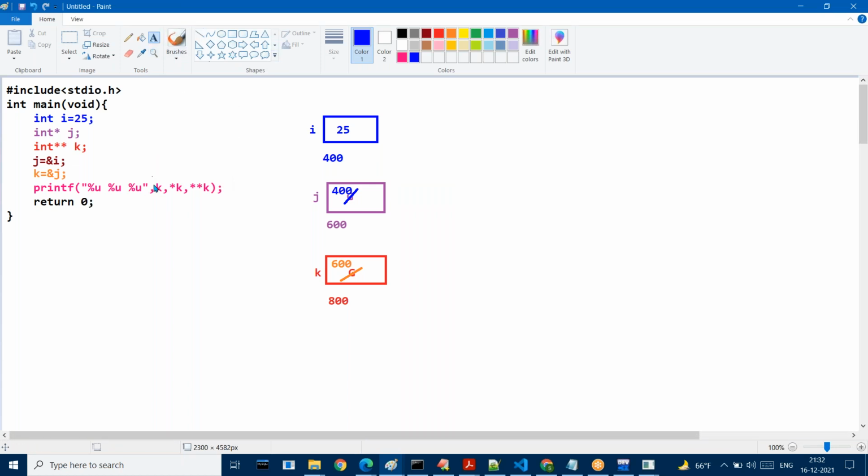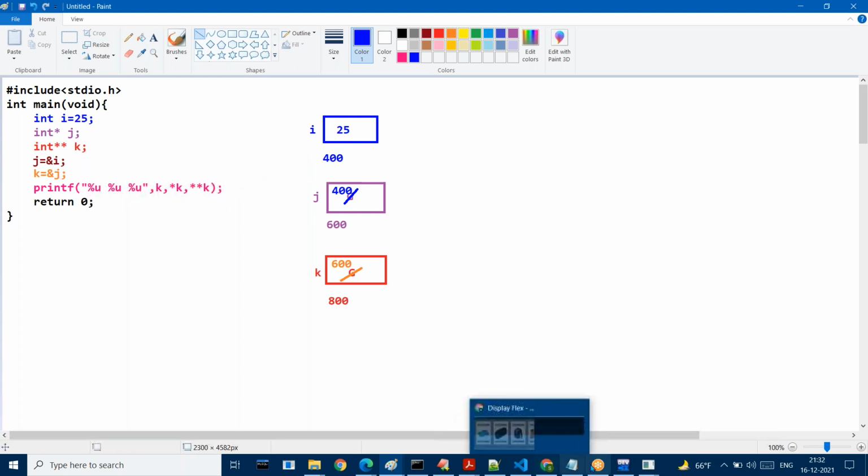See, observe. k means 600. 600 is a value or address? Address. **k means, sir, this 25. 25 is value or address? Value.